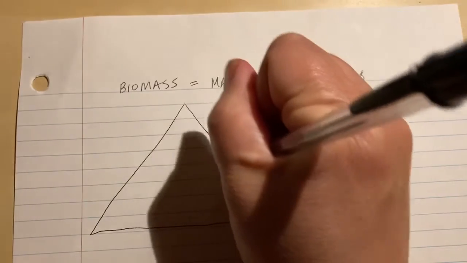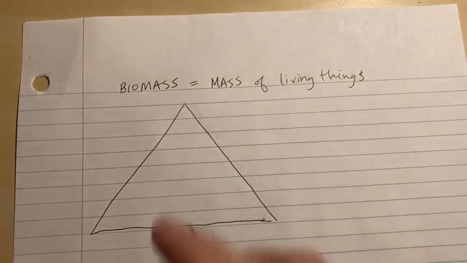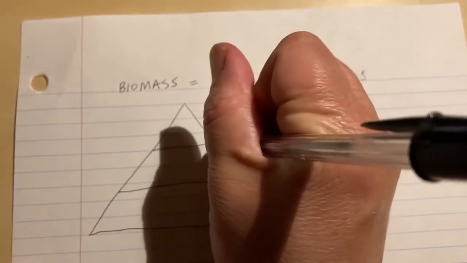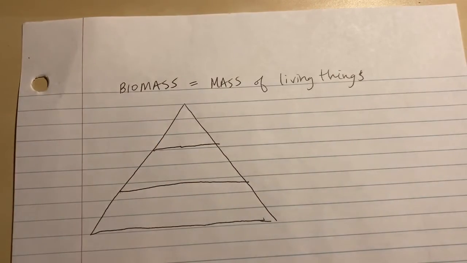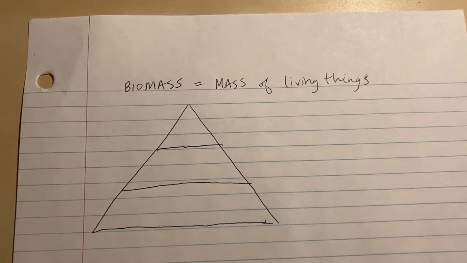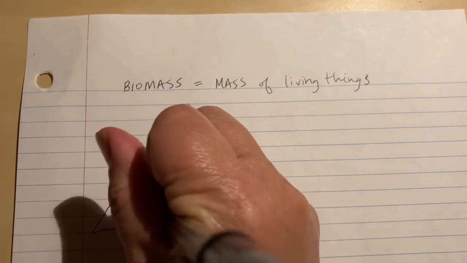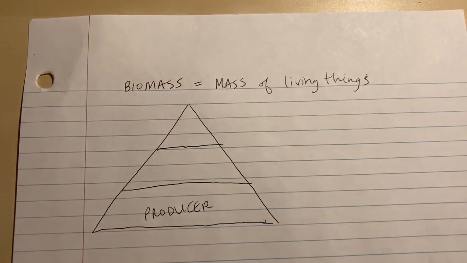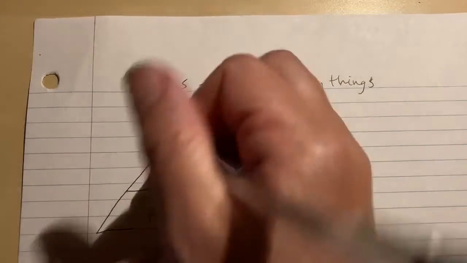And if we're looking at a biomass pyramid, it's also always going to be pyramid shaped with the largest amount at the bottom. Okay. So that means if we were to weigh the producers in an ecosystem, they're always going to weigh more than the consumers above it.